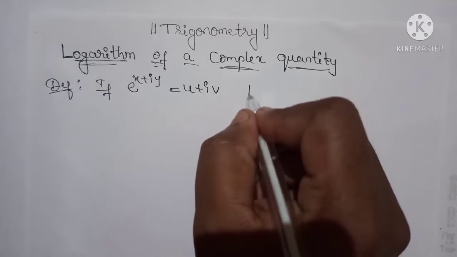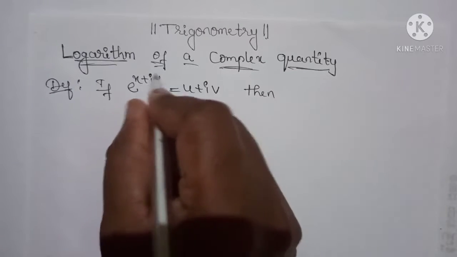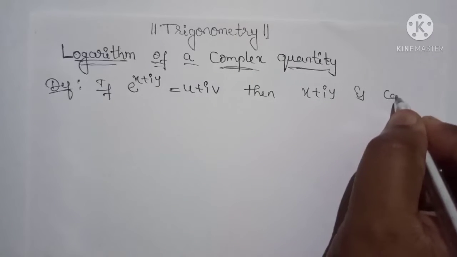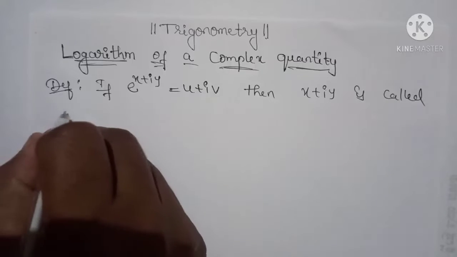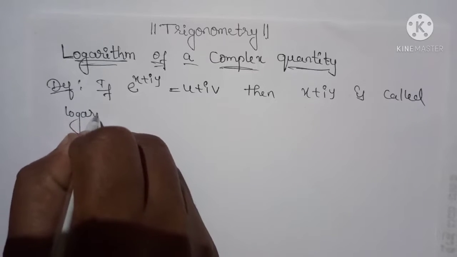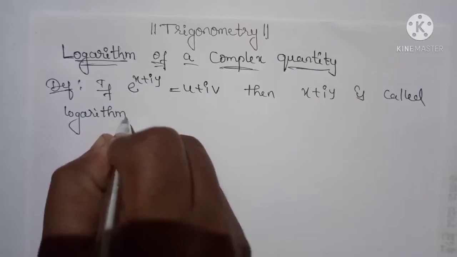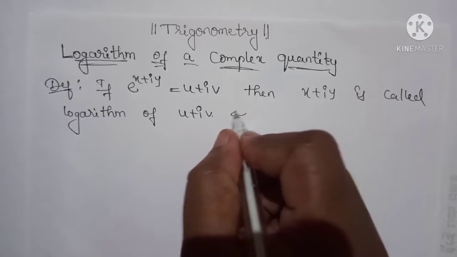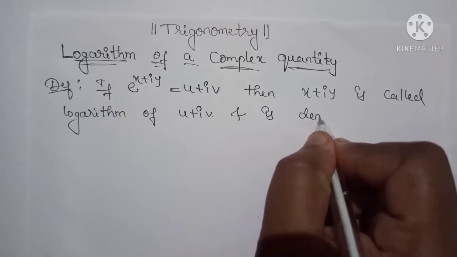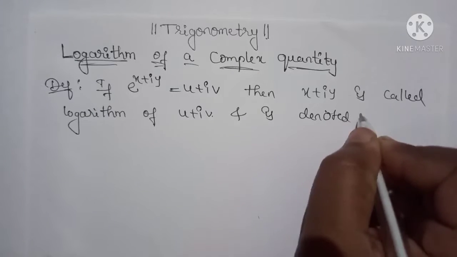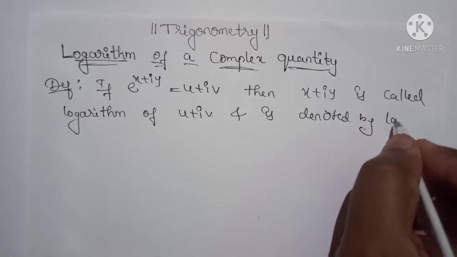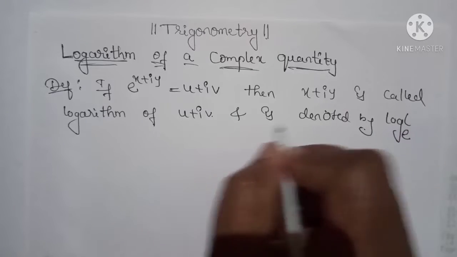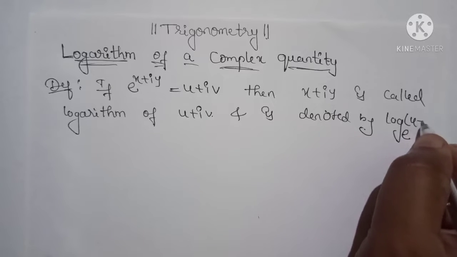Then this x plus iy is called the logarithm of u plus iv and is denoted by log e of u plus iv.